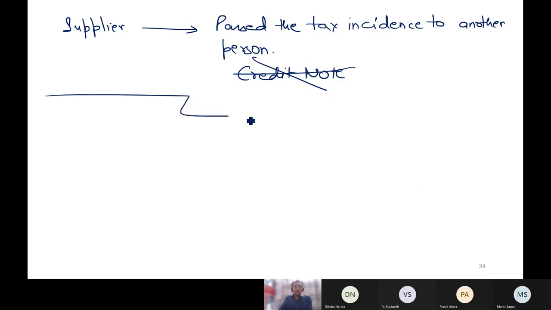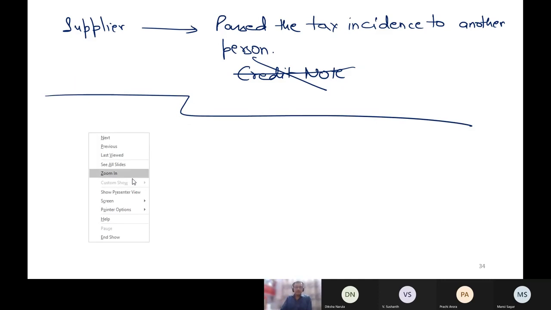But the reverse situation can also happen. The reverse situation is a debit note.